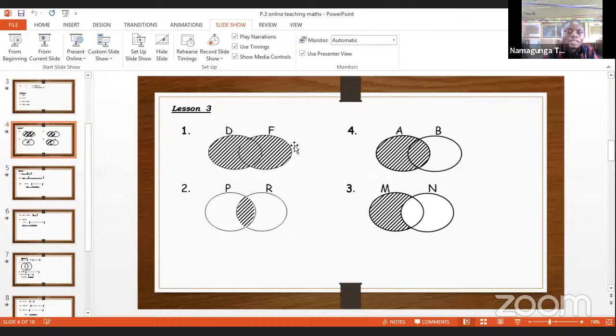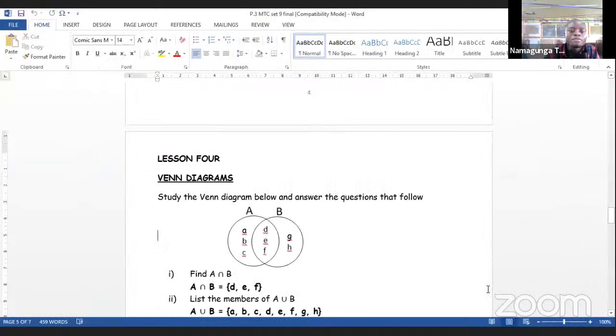So let us look at our lesson 4. Our lesson 4 here was talking about the Venn diagrams.